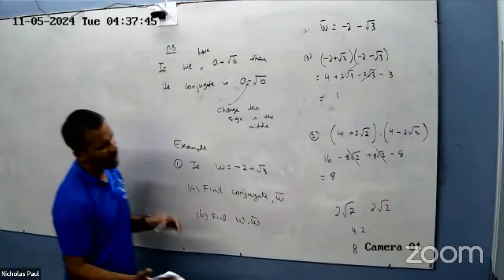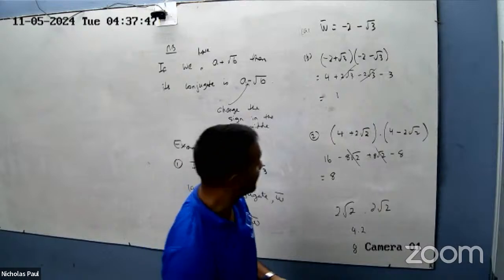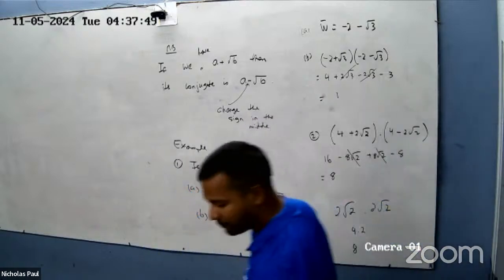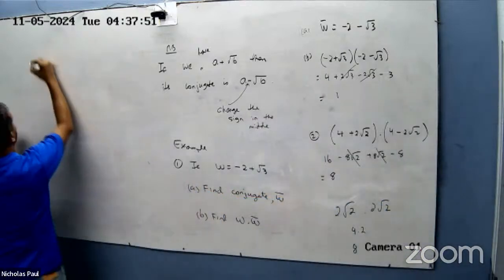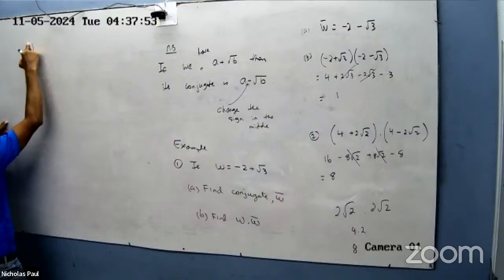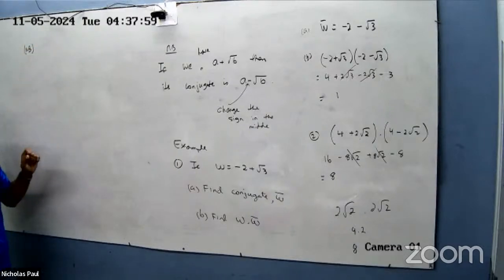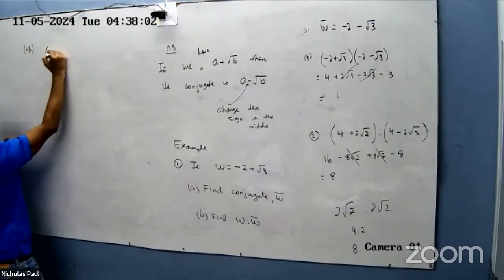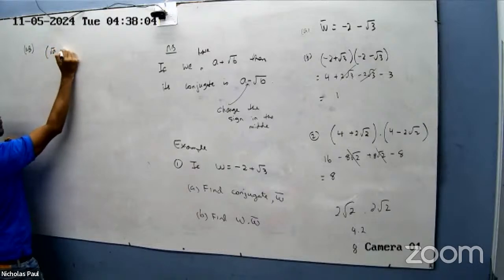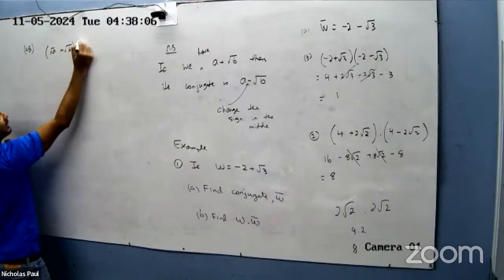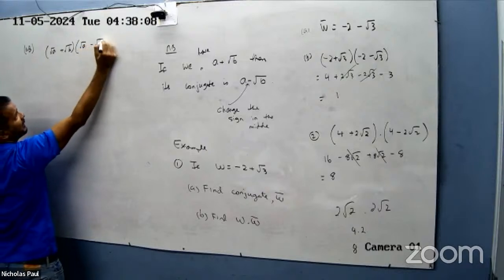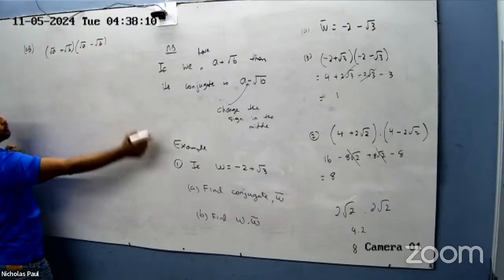Right, I want to show you a slight shortcut to this. If I give you root A plus root B, and you multiply it by root A minus root B, you don't have to go and do that long thing there.